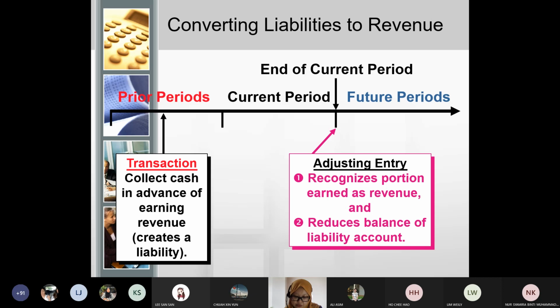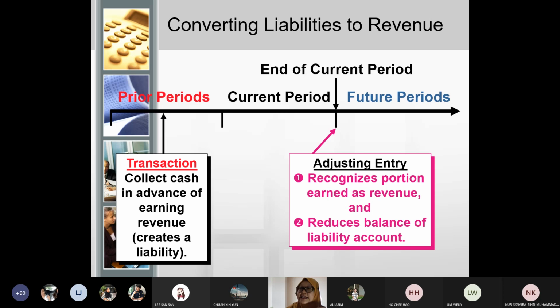At the end of the year, we have to recognize the revenue that is earned during the period. For example, if you have a magazine company and you allow magazine subscription, you collect cash from the subscriber. Magazines are also old fashioned.